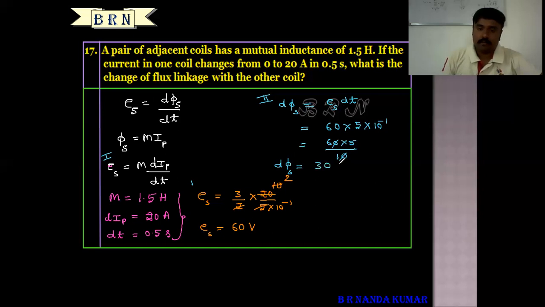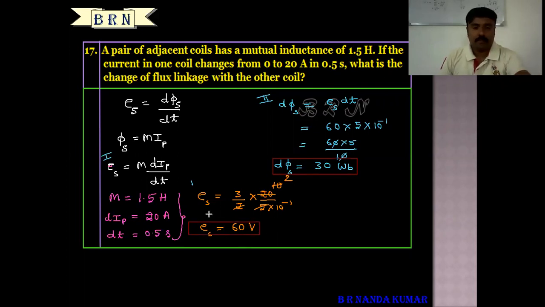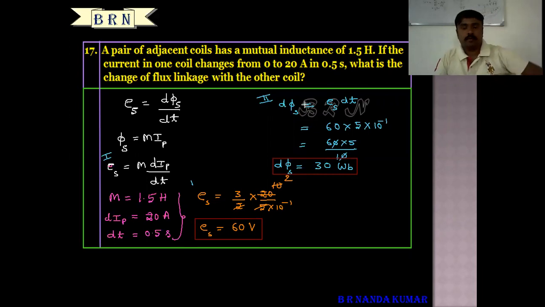What is the unit of magnetic flux? That is Weber. So 30 Weber, right? The EMF induced in the coil is 60 volt. So this is a 2 mark numerical.